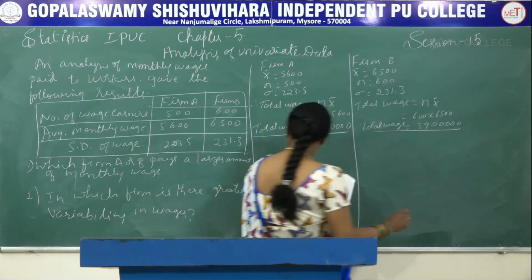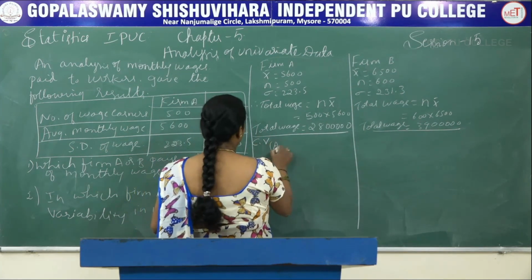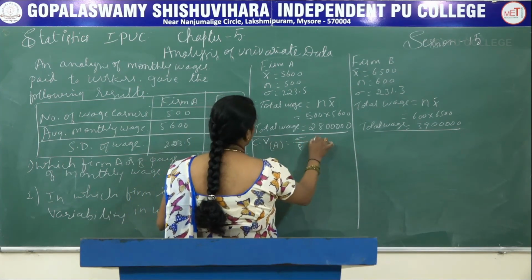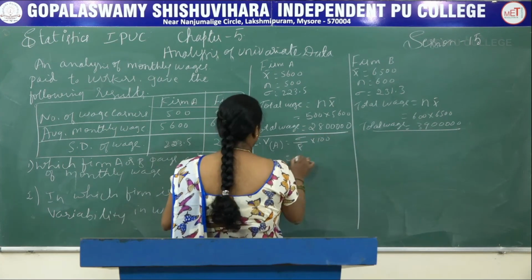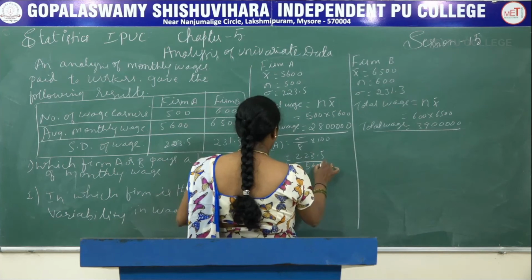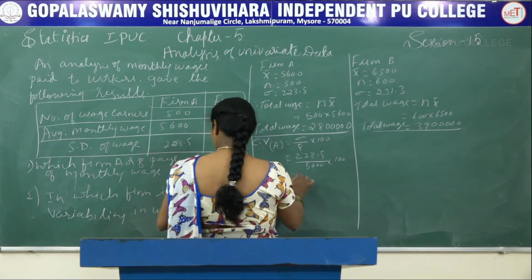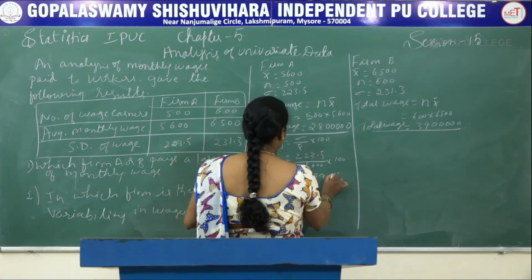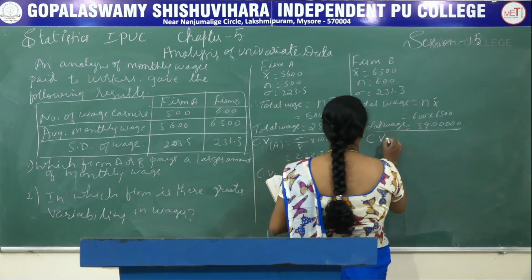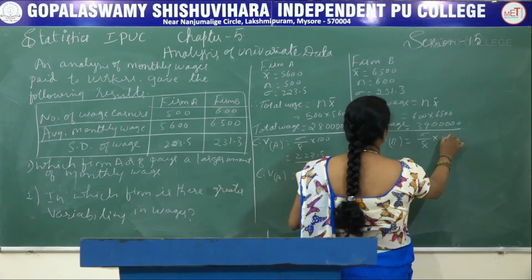Next, we have to find CV of firm A. It is sigma by X bar into 100. This is 223.5 by 5600 into 100. So CV for firm A is 3.99%. Similarly, find CV for firm B, sigma by X bar into 100.